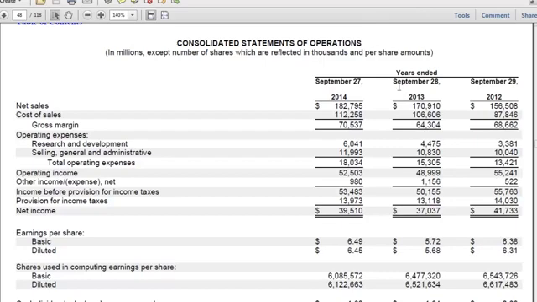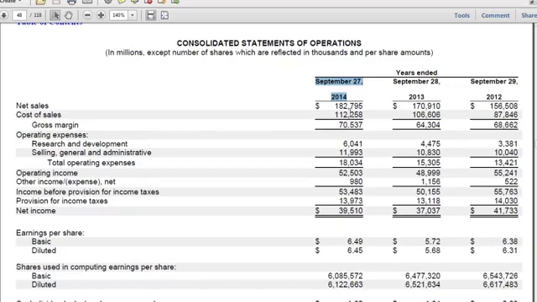So the first thing you want to look at with Apple's income statement is that you can see it is for the year. This income statement goes for a full year, and Apple is on a fiscal year. In this year, 2014, it ended on September 27th, 2014. So for a year, this is their income. Starts out with net sales, and it has a cost of sales, and then they have their gross margin, or sometimes called gross profit.